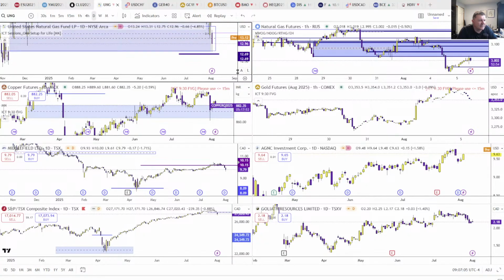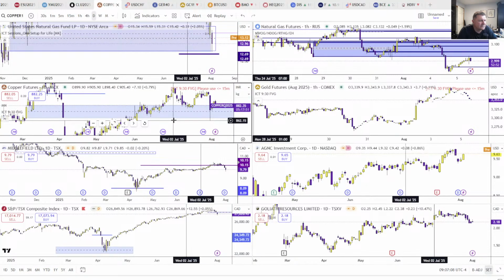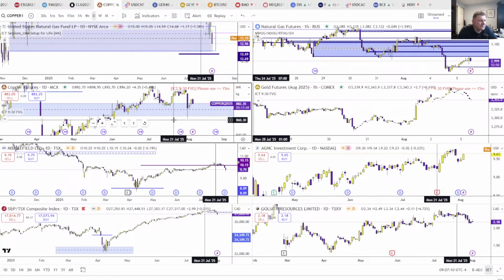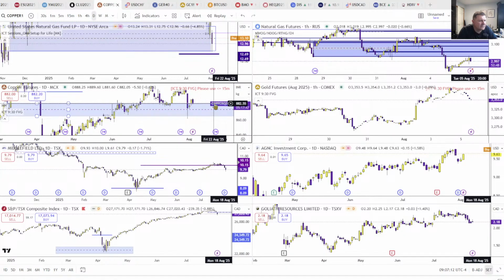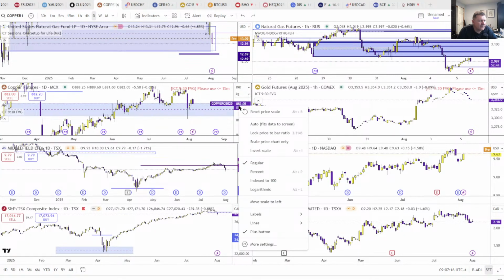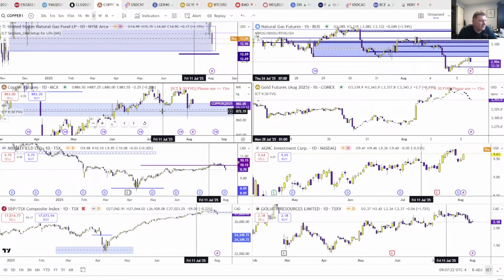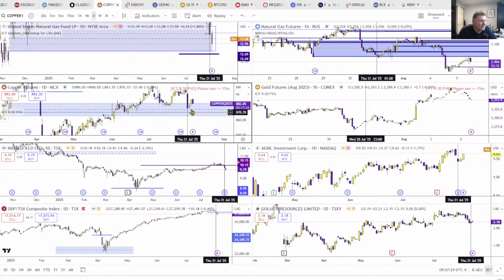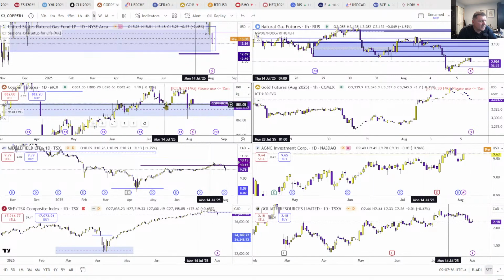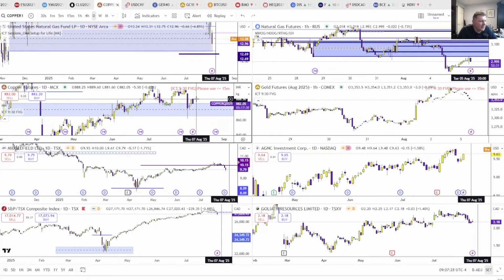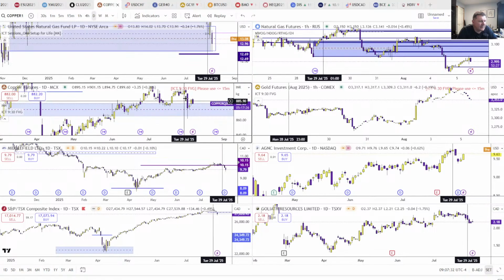Natural gas. Copper has hit there. Okay.